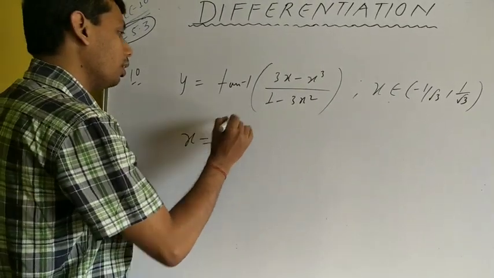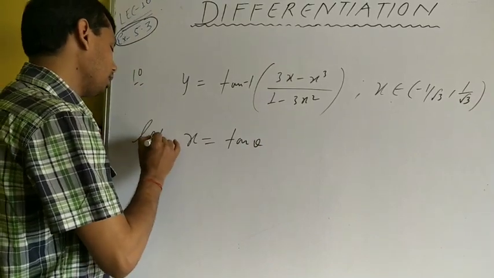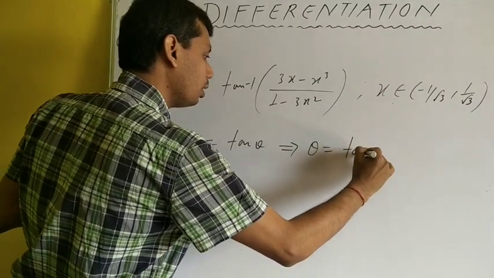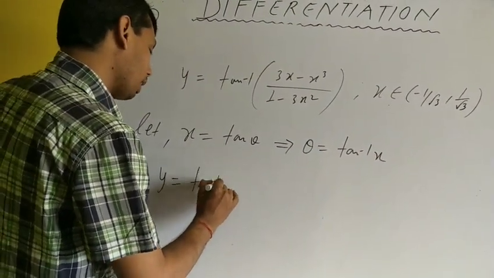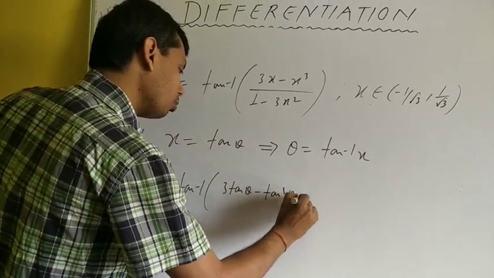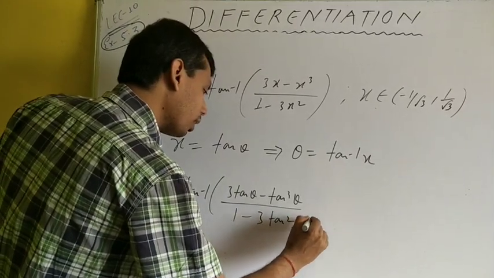If we assume this x as tan theta, let x is equal to tan theta, this implies that theta is equal to what? Tan inverse x. Now see, y is equal to tan inverse of (3 tan theta minus tan cube theta) upon (1 minus thrice of tan square theta).